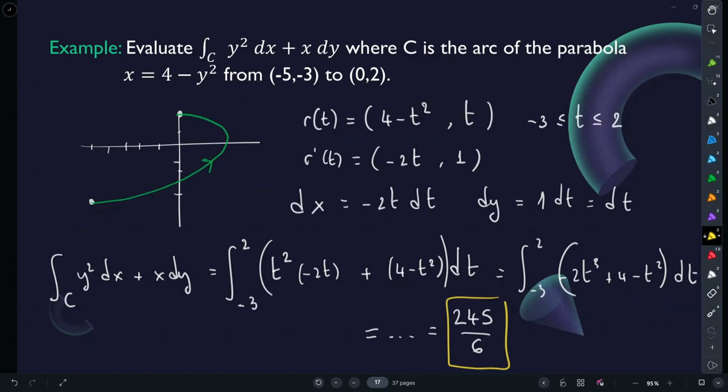So it doesn't match. We did a different path before. From here to here, in this path, the answer was -5 over 6. I went in a different path. The answer was 245 divided by 6. That's because I'm taking a completely different path. The functions that I'm integrating along those paths change value according to the points I travel over, so those do not have to be the same number.